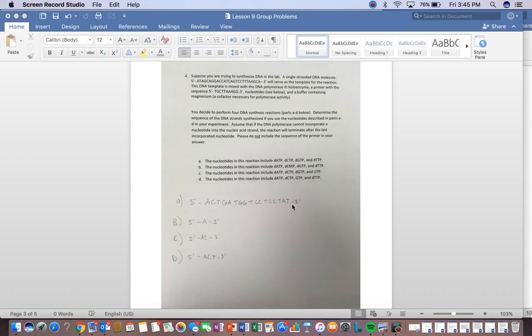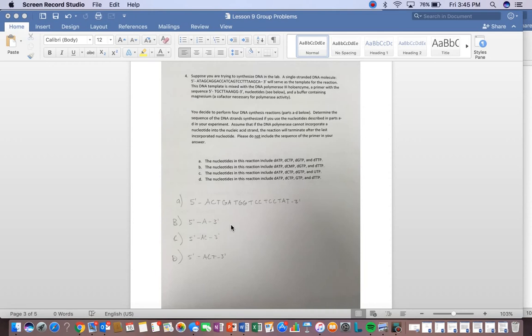Okay. So for part B, we have everything we need except we have a dCMP, which is a deoxycytidine monophosphate. Because we only have the monophosphate, we don't have enough phosphates to synthesize the rest of the cytosines.